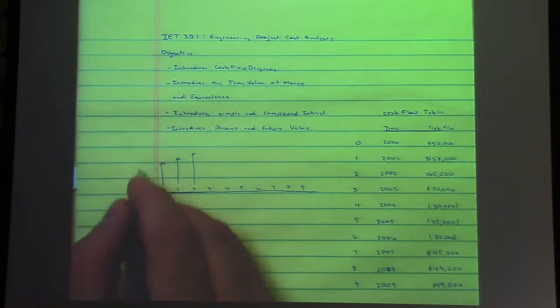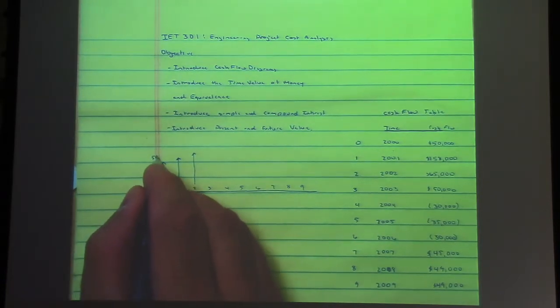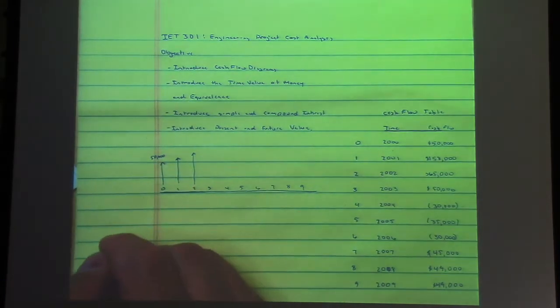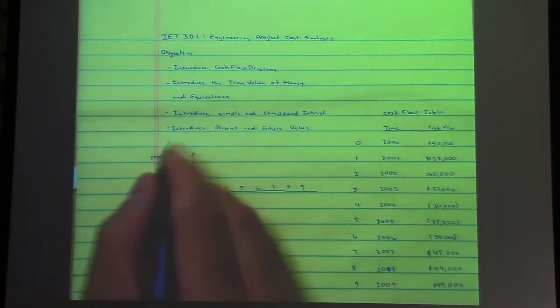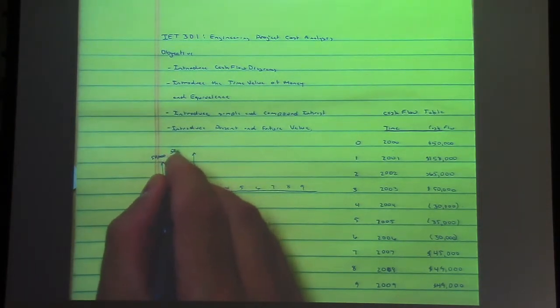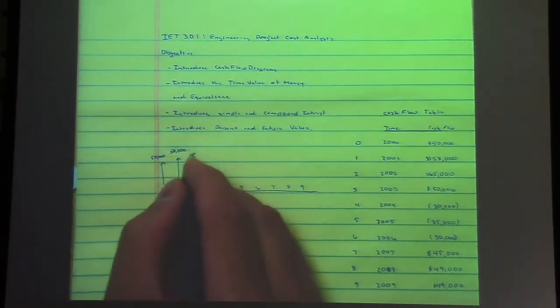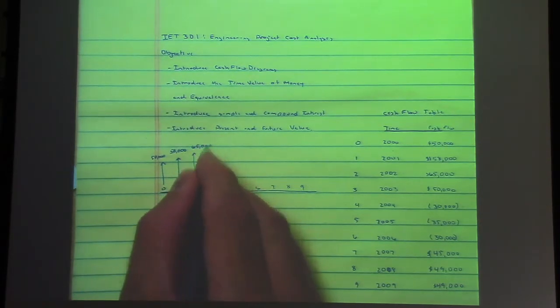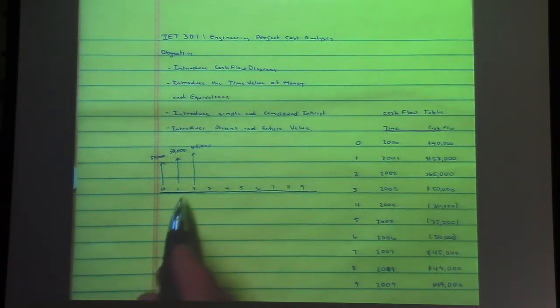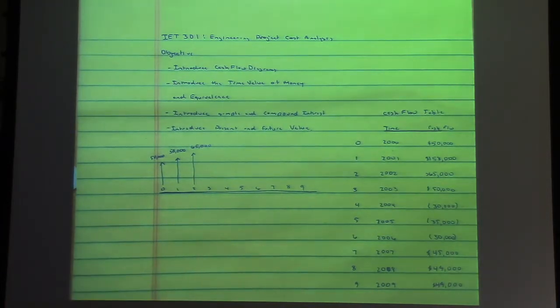And it's really not a bad idea, especially when you're doing these cash flow diagrams by hand, to include the magnitude at the end of the vector, just so that you know what that's actually representing.